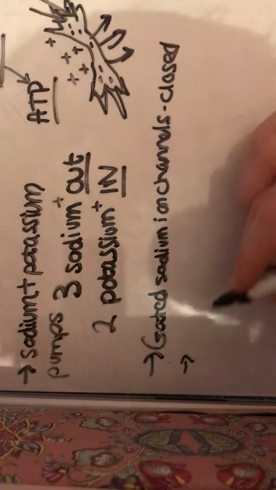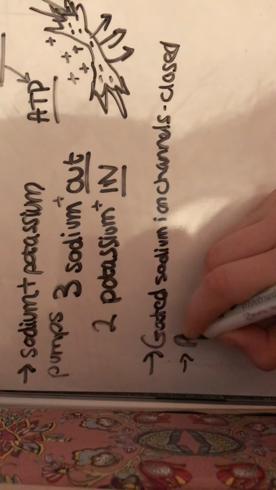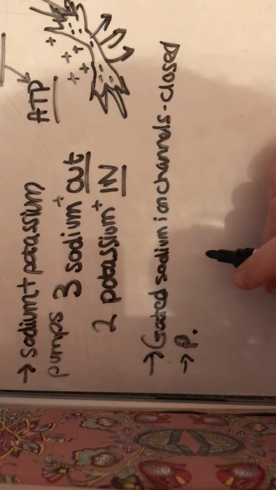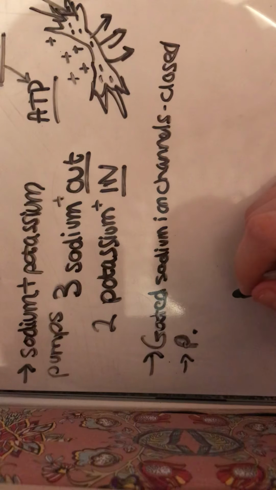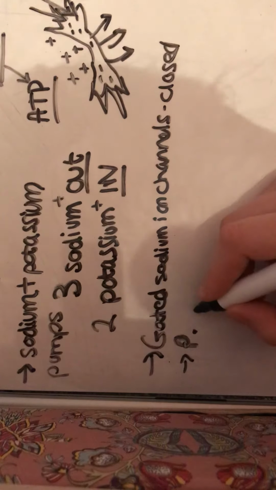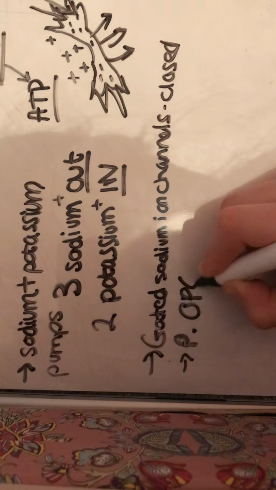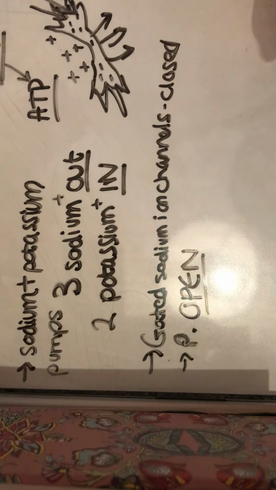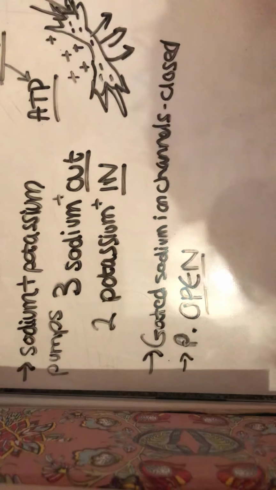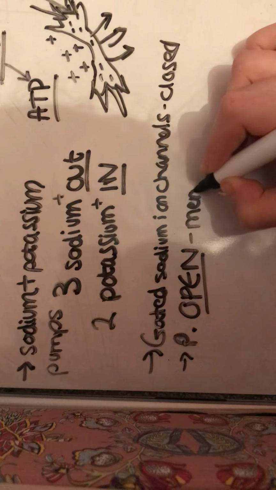It is the potassium ion channels, I'm just going to put P for potassium even though I know it's K, the channels are open, and so the plasma membrane is more permeable to potassium ions than to sodium.